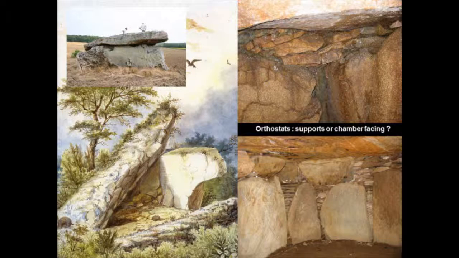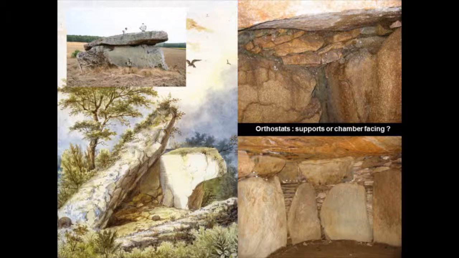But first, we have to remind that almost all the monuments we have in front of us are just ruined monuments. And even the chamber capstones and orthostats, that seem to have a clear architectonic function of support, for example, when well preserved, it's not as clear as that.